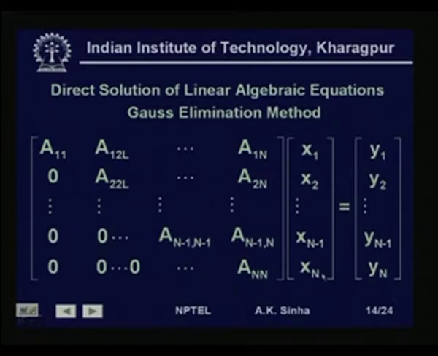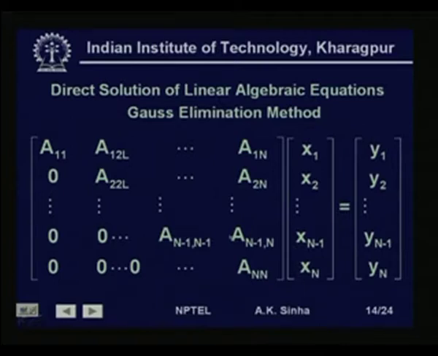Now, if we can do this, then finding the solution for this set of equations is very easy, because you can see we know y n. If we want to find x n, then from the last equation, a n n into x n is equal to y n. So, x n is equal to y n by a n n, and once we know this value of x n, we can substitute it into the previous equation, because here we have a n minus 1, n minus 1 into x n minus 1 plus a n minus 1, n into x n is equal to y n minus 1.